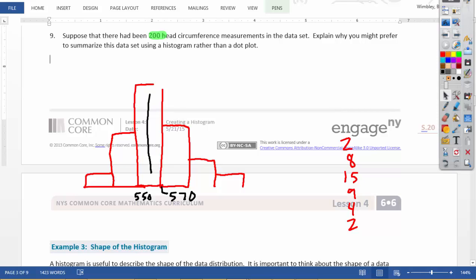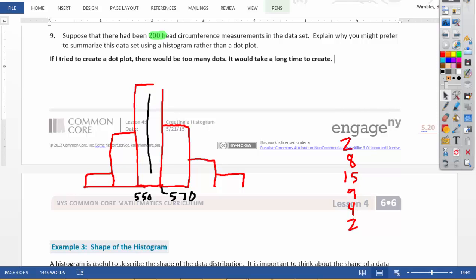Well, it's actually pretty simple. If I tried to create a dot plot, there would be too many dots. It would take a long time to create.